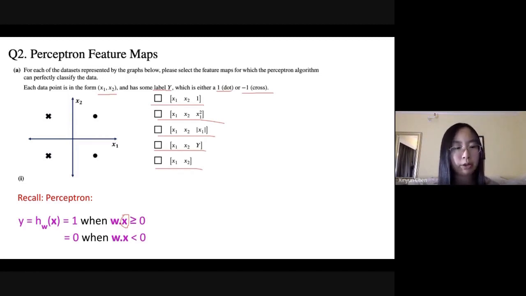So this will be our perceptron model, and with this decision boundary, if the value of w multiplied by x is not smaller than 0, then we will assign a label of 1, and the prediction will be 0 or -1 when this product is smaller than 0. So this is the formula of the perceptron.